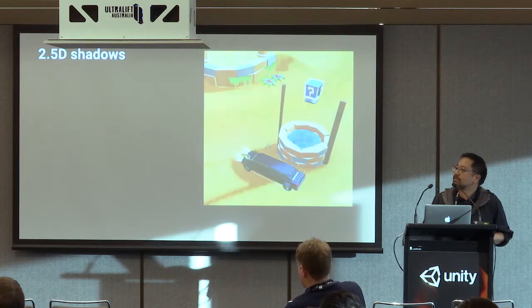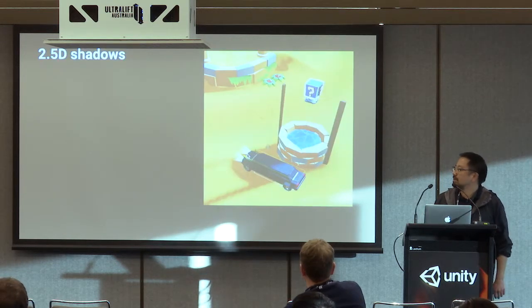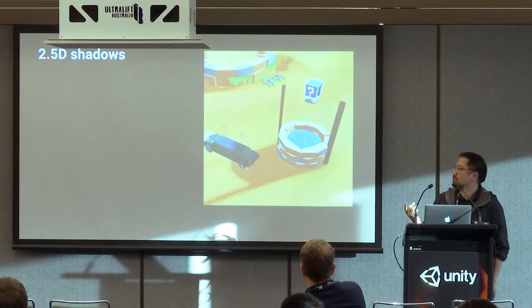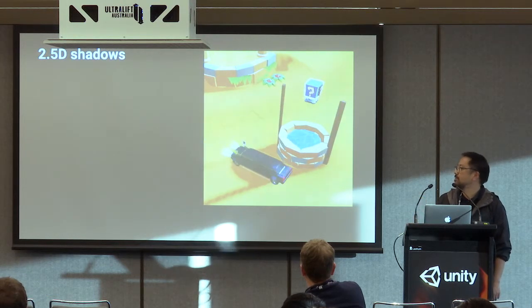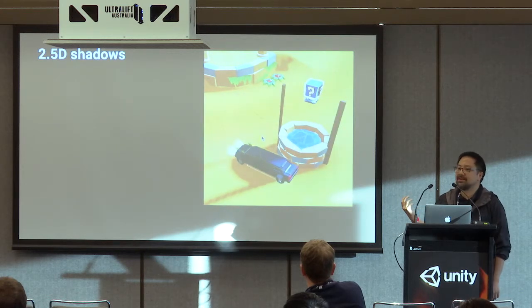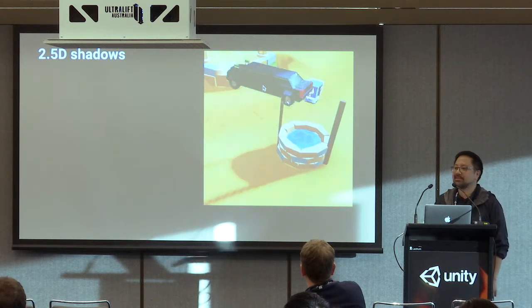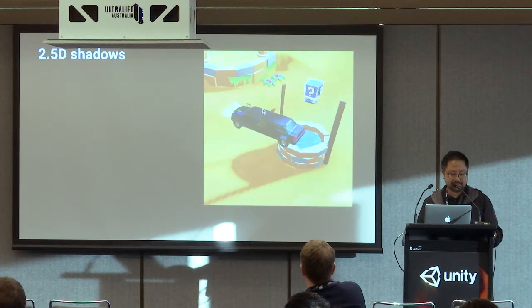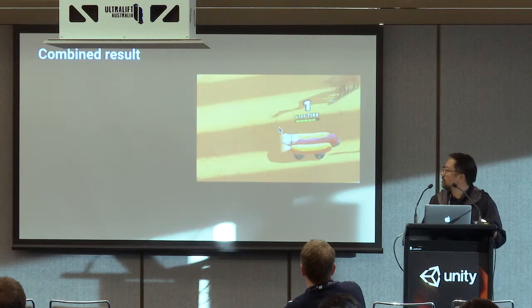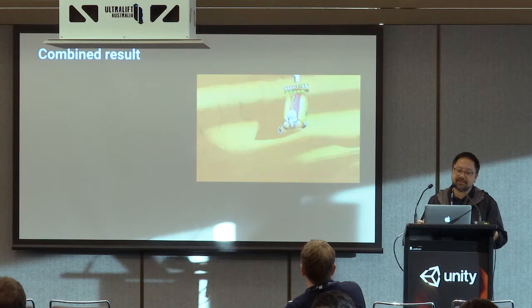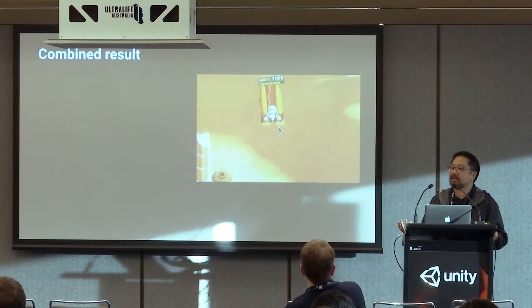And if you don't quite understand what I mean, here's a car right here. It's going in and out of shadow, and that's using a baked shadow. But when you lift it up, you see it doesn't actually go out of shadow. So kind of projected 2.5D shadows. The final combined result, you have real-time shadows and baked shadows mixing together, and the baked shadows casting on a real-time object.